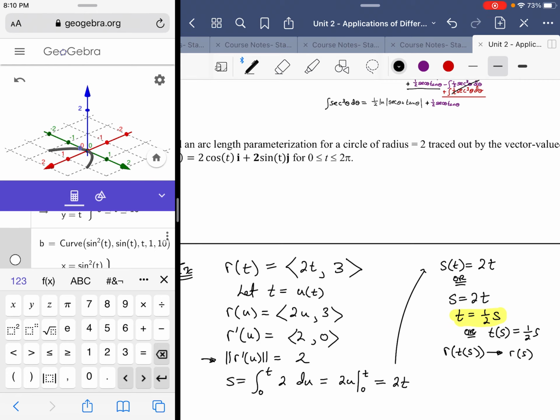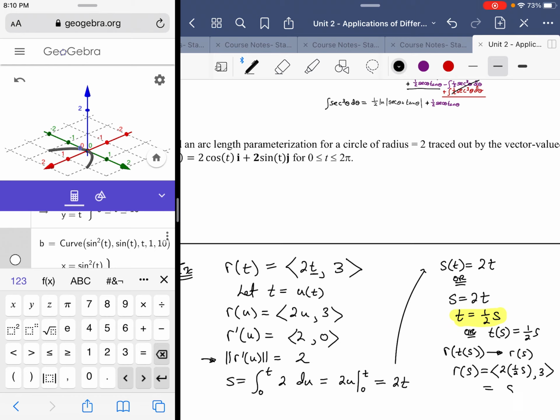All right, so when I make that substitution, r of s is going to be equal to, if I swap out the t's for 1/2 s's, 2 times 1/2 s. I have nothing to swap out when it comes to the constant component, so comma 3.